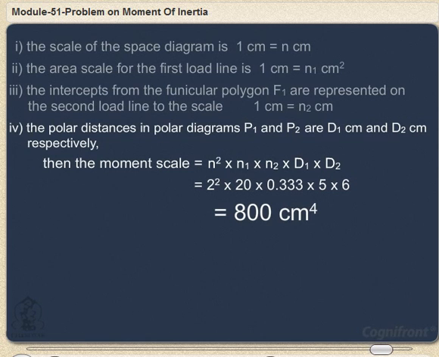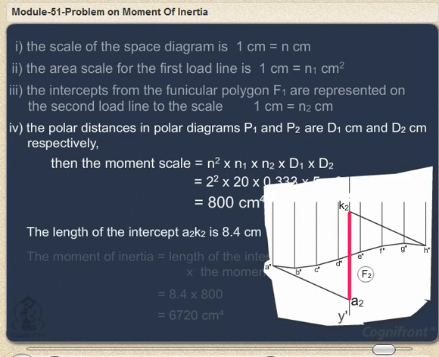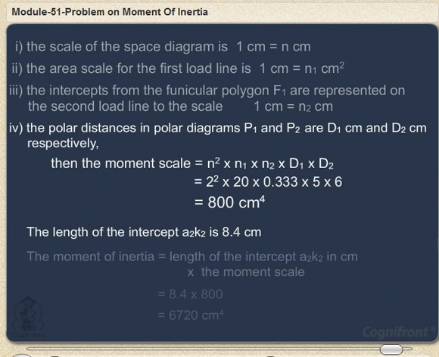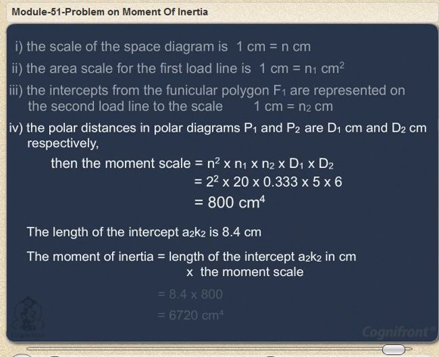The length of the intercept A2K2 is 8.4 centimeters. The moment of inertia equals length of the intercept A2K2 in centimeters into the moment scale, which equals 8.4 into 800, which equals 6720 centimeters raised to 4.